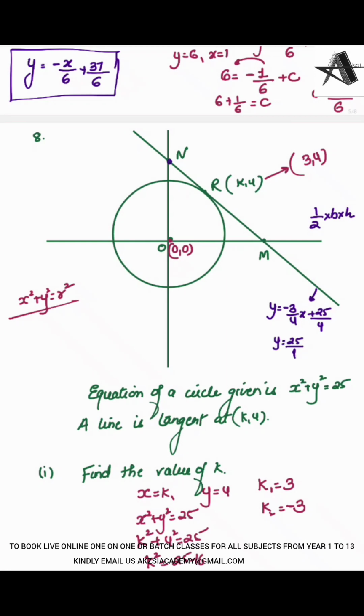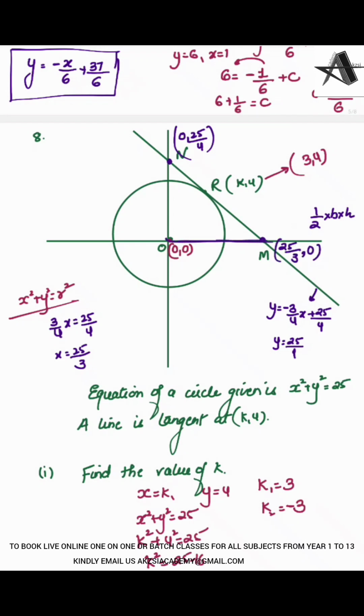That is, this point is (0, 25 over 4). Similarly, when this straight line passes through the x-axis, y is always 0. Put y equals 0 in this equation and you will get 3 over 4 x equals 25 over 4, so x is 25 over 3. So this point is (25 over 3, 0).